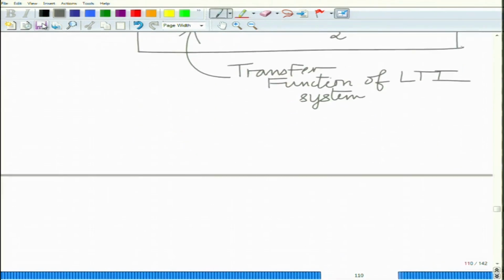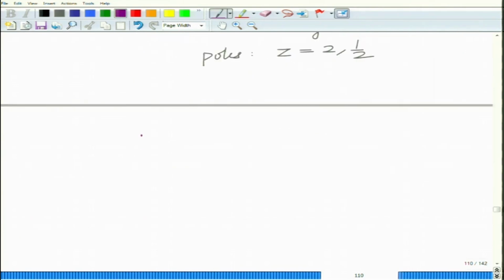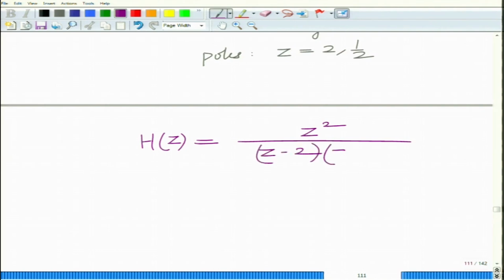Now, also H(z) can be simplified as z square over z minus 2 into z minus half.